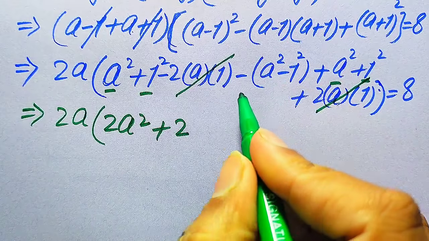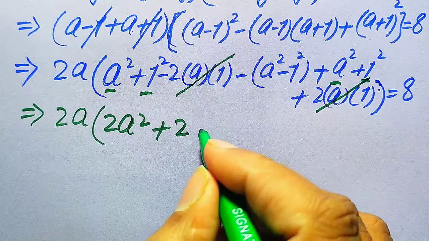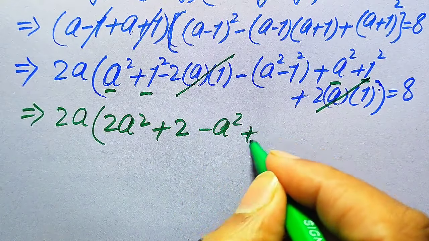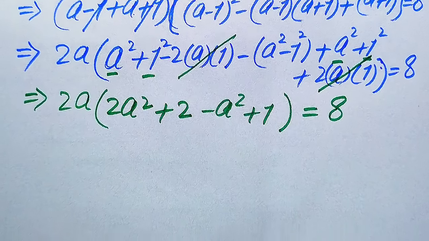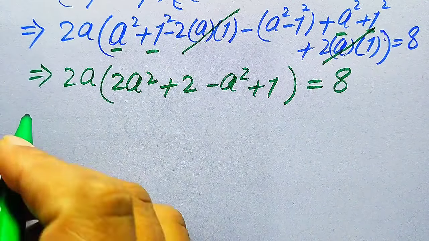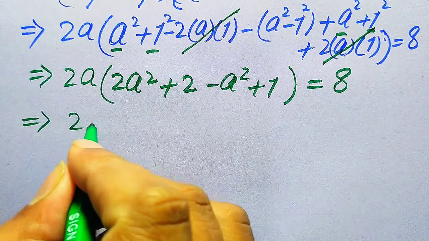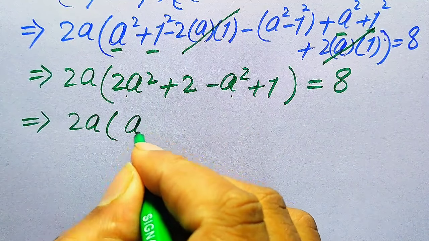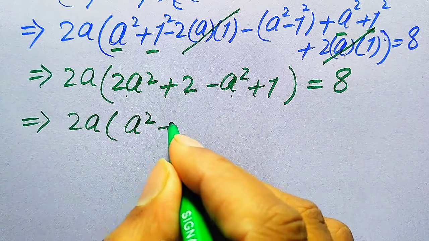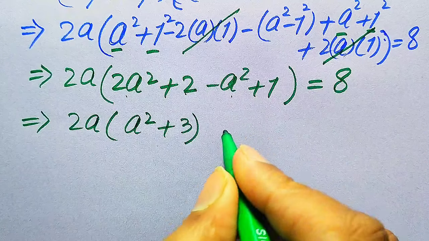And here we multiply this negative sign on both of these values, and it becomes −(a² + 1), and this whole equation is equal to 8. And here we need more simplifications, and it becomes 2a times (2a² − a² becomes a², and 2 + 1 becomes 3).